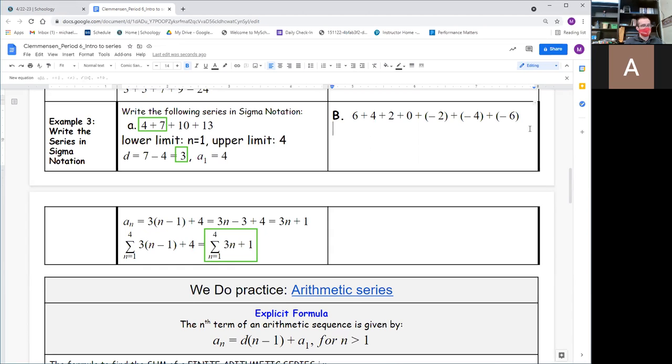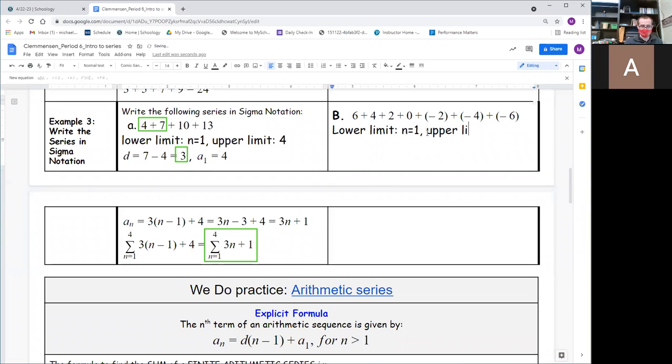So the first thing I need to do is find my lower limit. Go in the chat and tell me what my lower limit should be. Perfect. n equals 1. What about my upper limit?